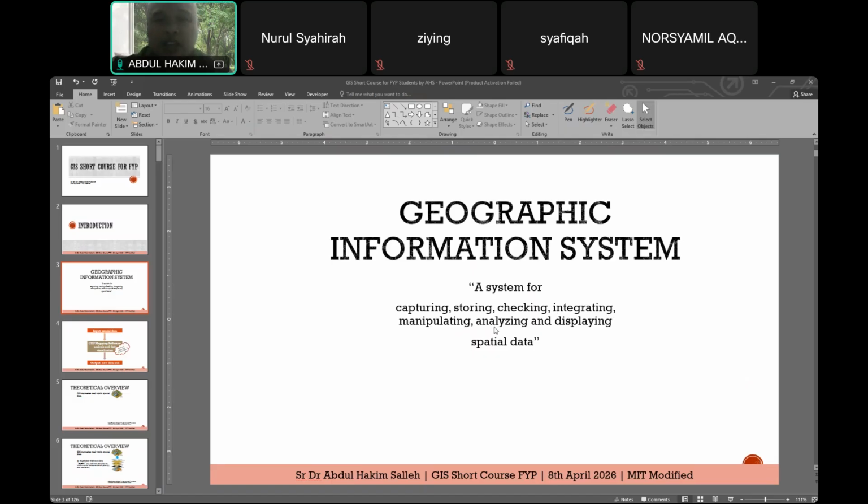Analyzing is a bit different. And of course, displaying. Every smartphone nowadays can at least do some display.